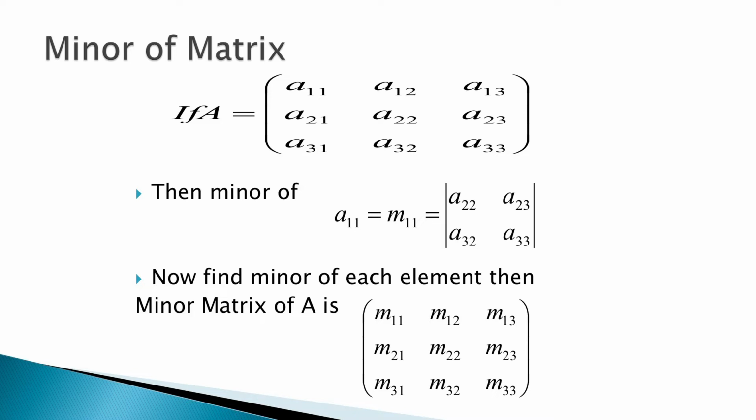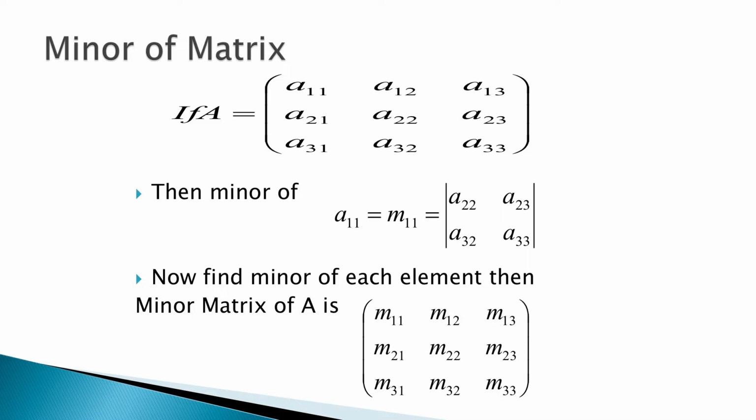If A is a matrix containing the elements A11, A12, A13, A21, A22, A23, A31, A32, A33, then the minor of A11 is denoted as M11, that is a second order determinant containing the elements after deleting the row and column containing A11.